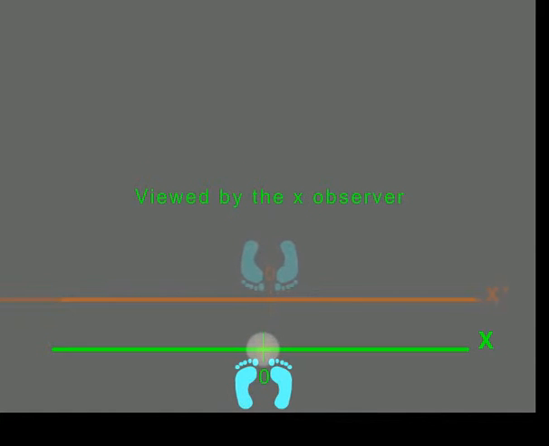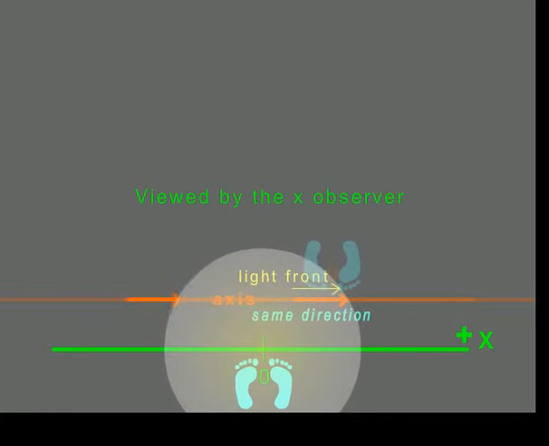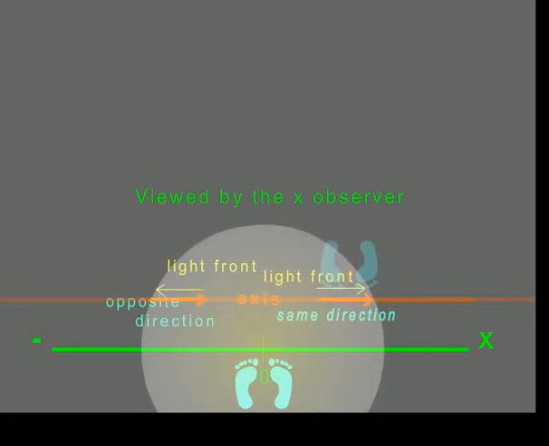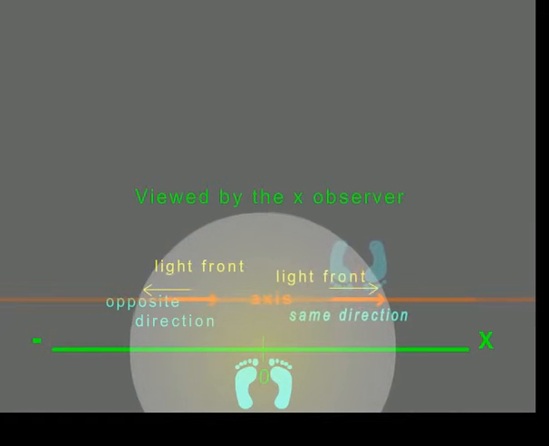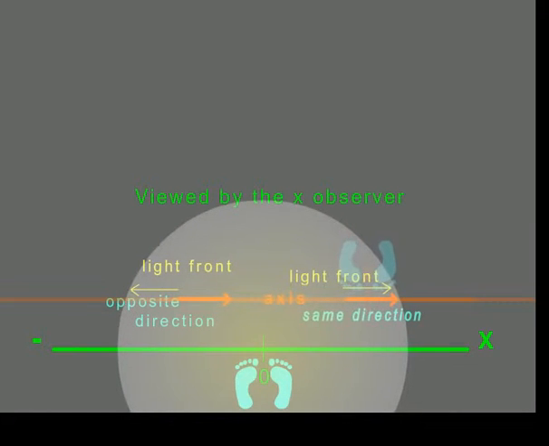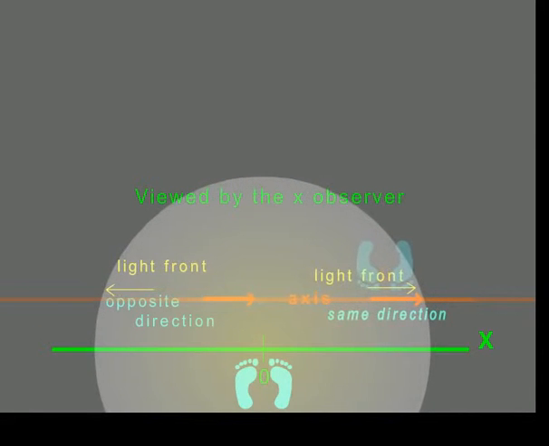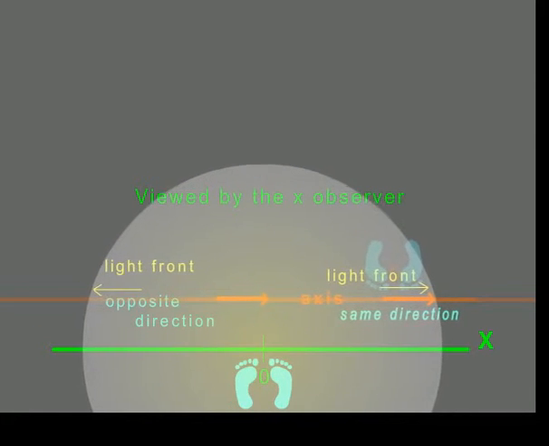So when the observer looking at the x-prime axis, he should find that light and the x-prime axis both move in the same direction, pointing toward the positive end on his own x-axis. Looking toward the negative end, however, he would see that the light wave front and the x-prime axis move in opposite direction between each other.